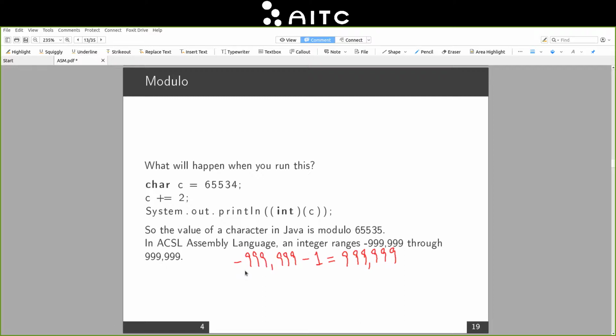Why? They are not equivalent. It originally equals this, right? And this is not in the range of the integer, so it overflows, and we should let it come to the other extreme of the range.